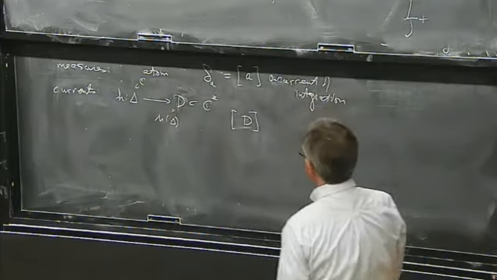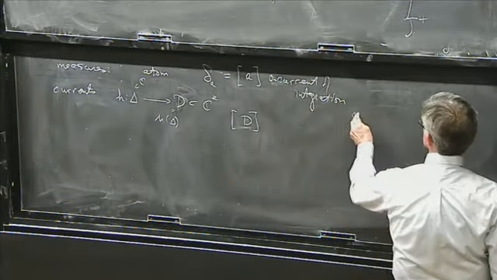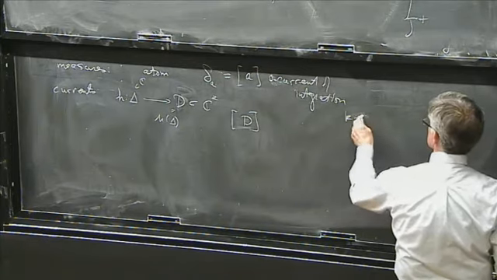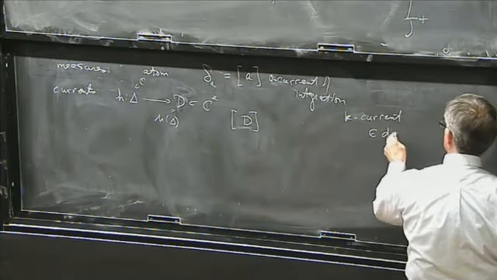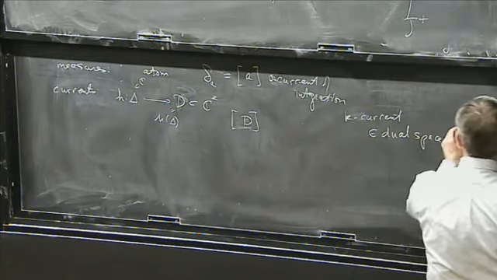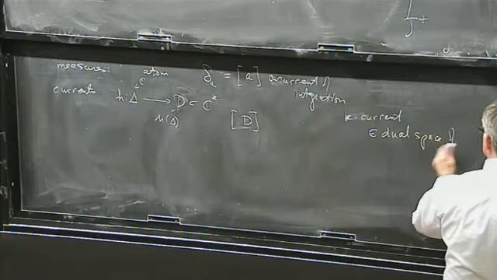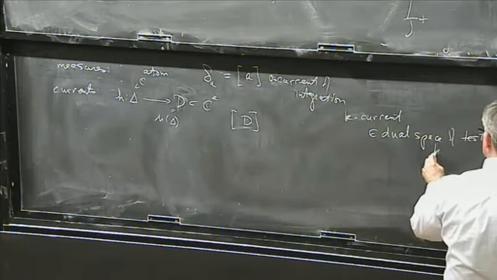So what are currents in general? A K current is an element of the dual space of K-forms, or of compactly supported K-forms. Test forms means they're smooth and compactly supported K-forms.